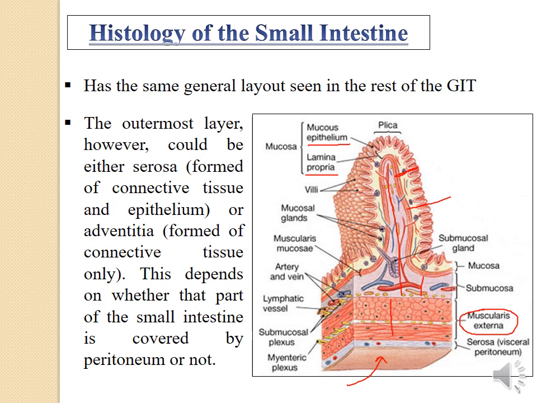Now, the parts of the small intestine that are covered by peritoneum, the outermost layer is a serosa formed of connective tissue and epithelium. If the part of the small intestine is not covered by peritoneum, then the outermost layer is formed of only connective tissue adventitia.